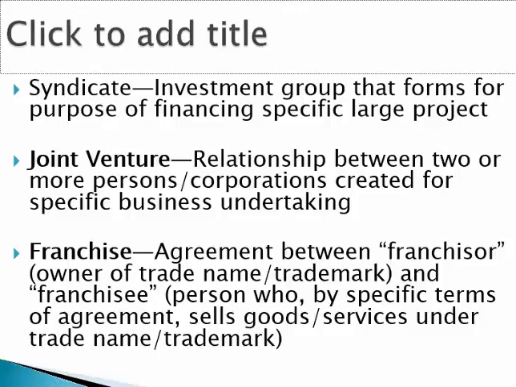Syndicate. A syndicate is formed just prior to an initial public offering, and that syndicate is an investment group, and it is financing the very large issuance of stock. So the syndicate is formed initially, and then when the stock goes public and trades on the open market, that's the secondary market.